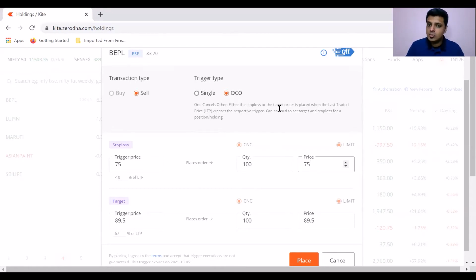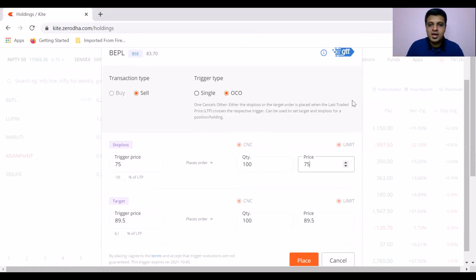Either the stop loss or the target order is placed when the last traded price crosses the respective trigger. And once that sale happens, it closes. So one cancels the other. If it hits the target, then the stop loss order is automatically cancelled and the GTT is resolved. If the stop loss triggers, then the target price is cancelled and the GTT is resolved.